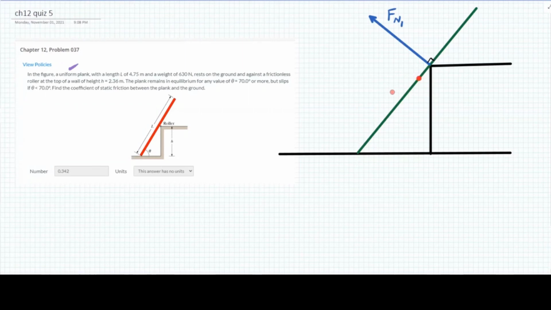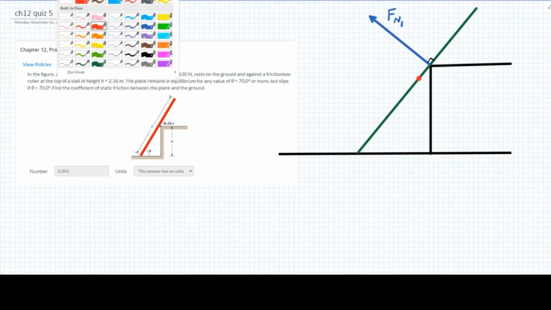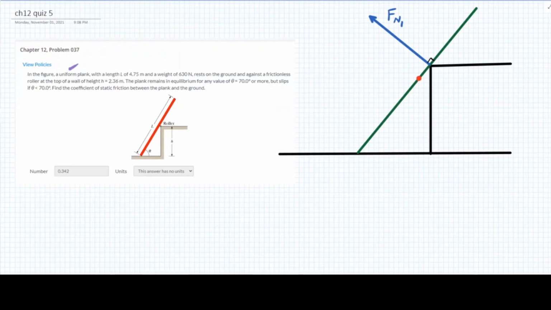And I'll have to find it out for sure. But that's the center of mass right there, which means there's a weight force acting on that center of mass going vertically downward. Okay. But wait, there's more forces. This is mg.